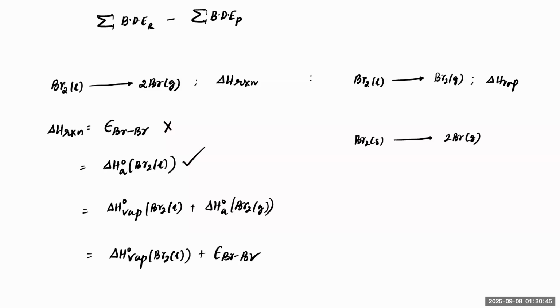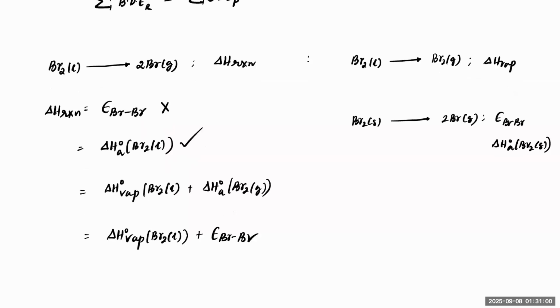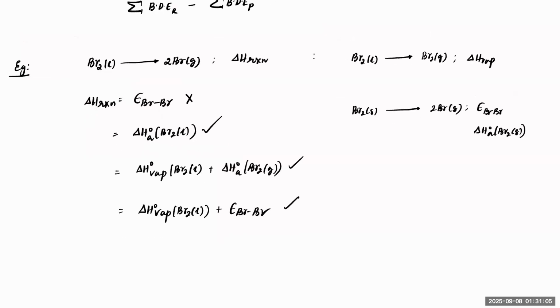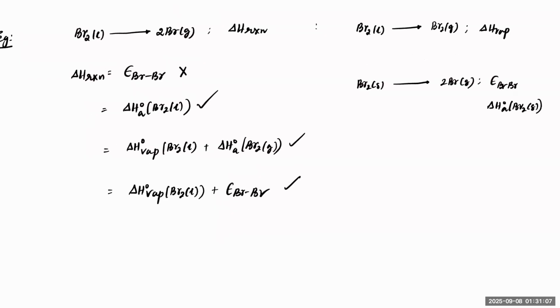And here from Br2 to 2Br, the amount of energy that is required is epsilon of Br-Br, or you can write it as delta H of atomization of Br2 gas. So that's why these two statements are also correct. Clear with the definition?